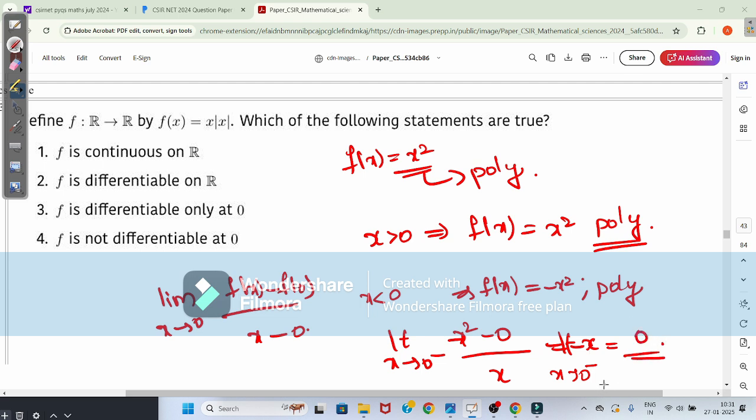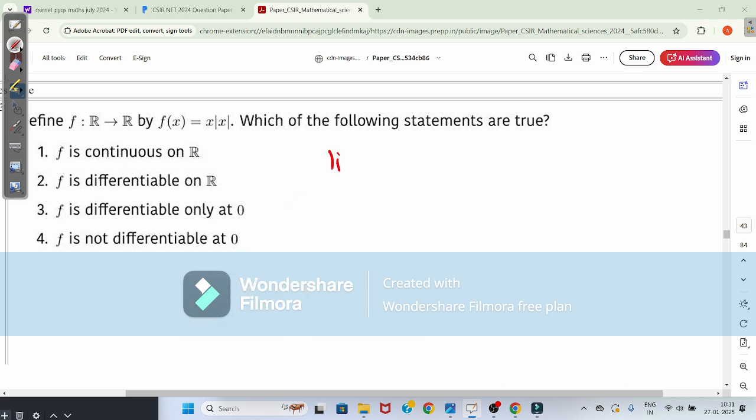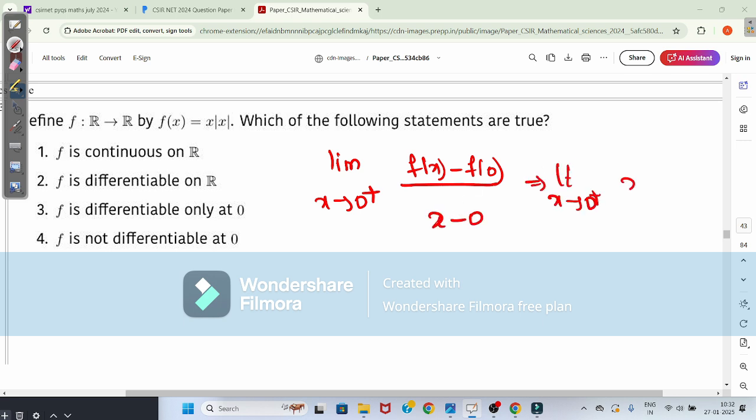So it is differentiable. Now consider the limit x tends to 0 plus. So f of x minus f of 0 by x minus 0 equals limit x tends to 0 plus of x square minus 0 by x. So limit x tends to 0 plus of x gives the value 0.